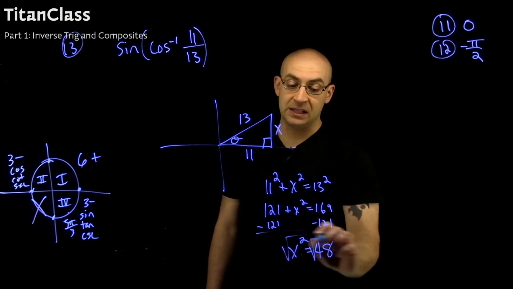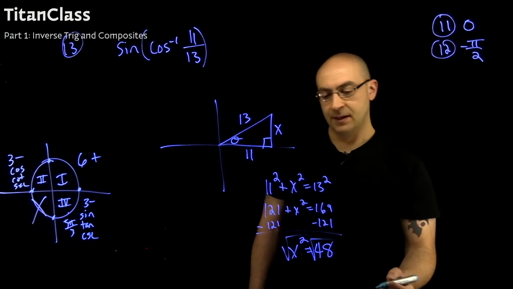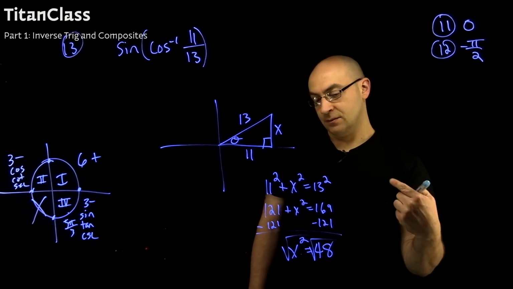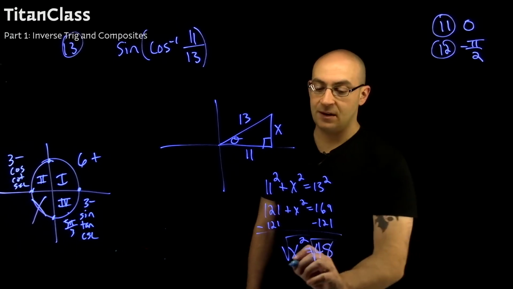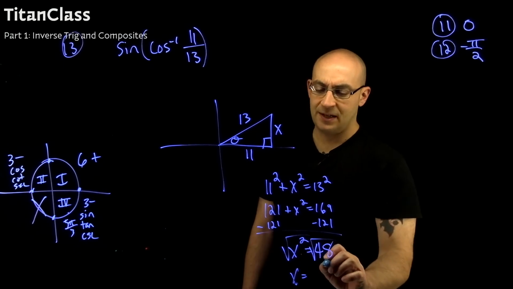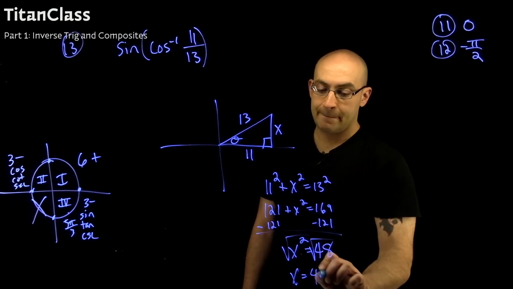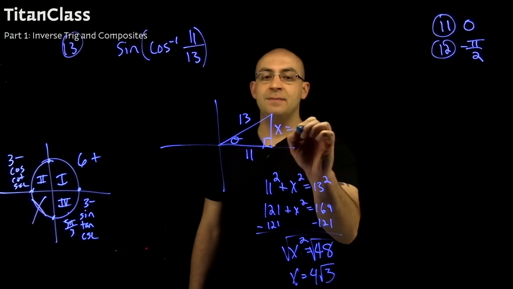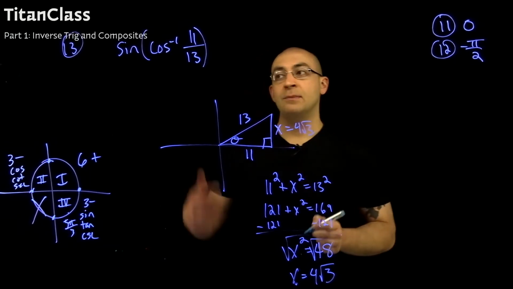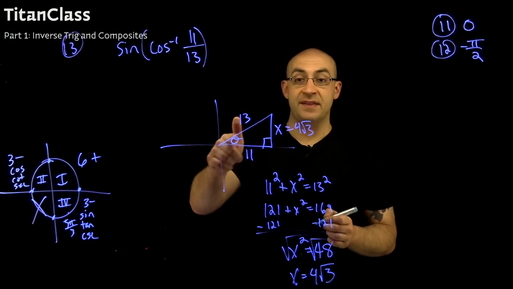Now this one's ugly because I can simplify the square root of 48. 16 comes out, right? So x is going to be 4 root 3. Now I'm looking for the sine value of this theta measurement.